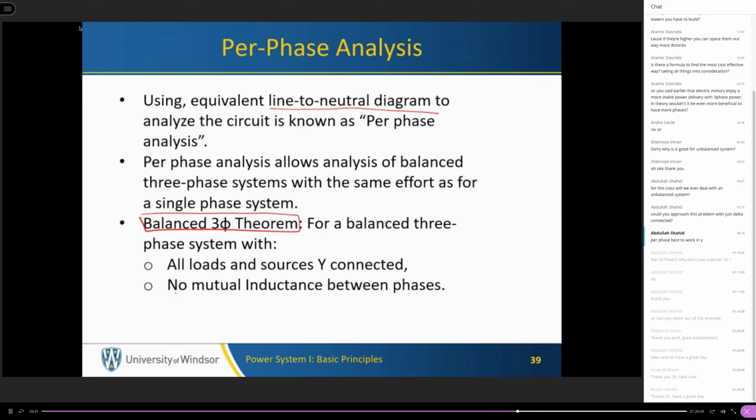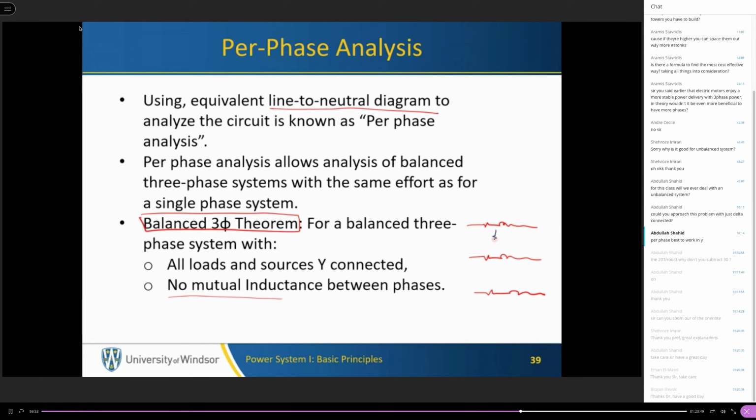And here we assume no mutual inductance between phases. So, for instance, let's say we have 3 lines. This line has a self-impedance and mutual impedances.